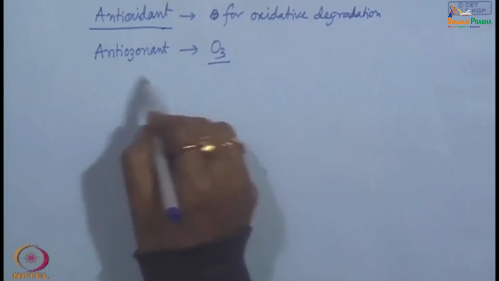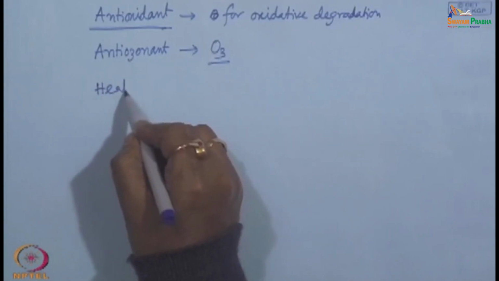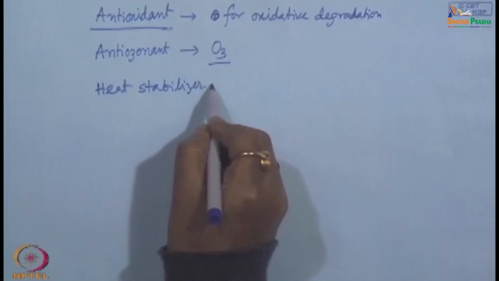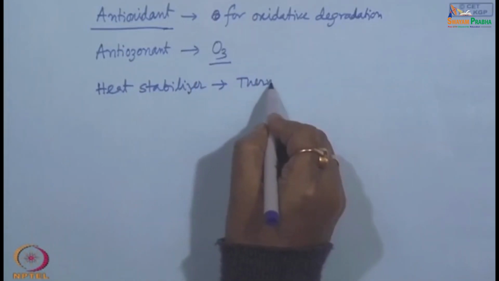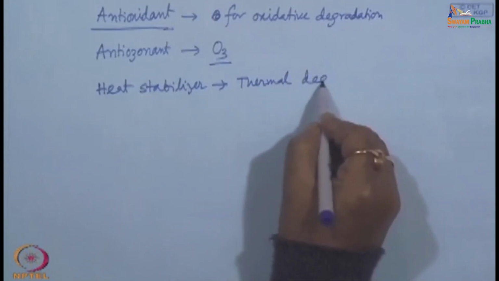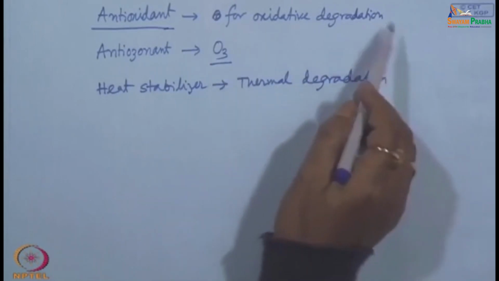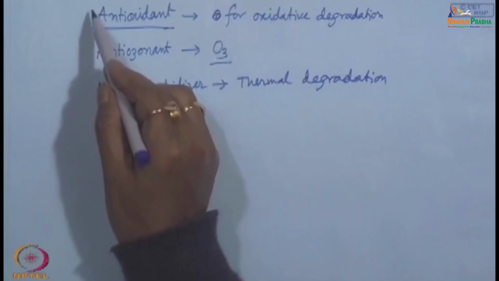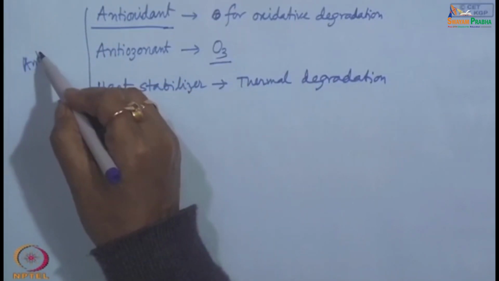There can be a thermal agency, so a heat stabilizer is used for thermal degradation. So, in order to prevent the degradation by different agencies, stabilizers are used. These are in effect called anti-degradants.